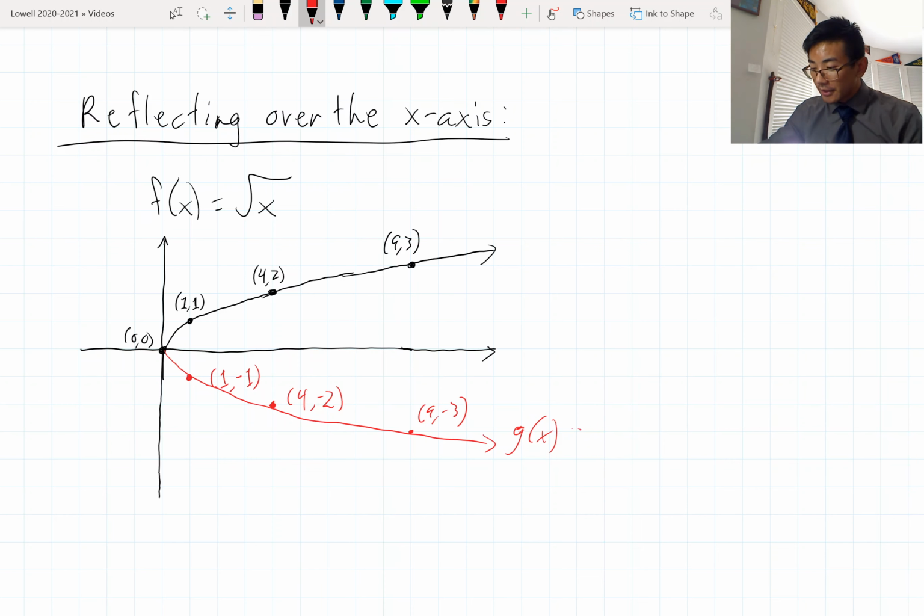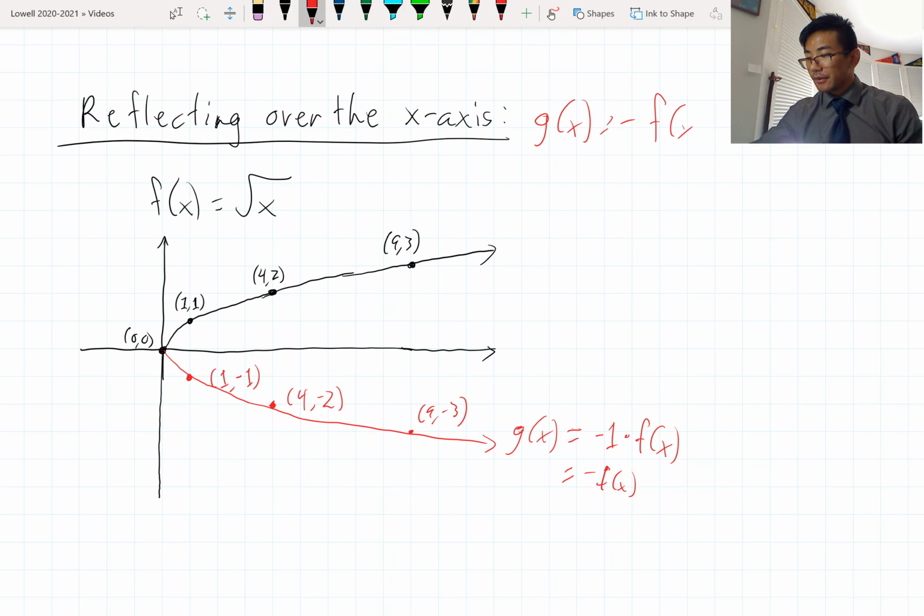And so g of x is really just negative 1 times f of x, or you can just write it as negative f of x. That's all we need to do. So really, g of x is negative f of x. You just take the existing y values and stick a negative sign in front of all of them. That will create a new graph that is just the existing graph reflected down here.